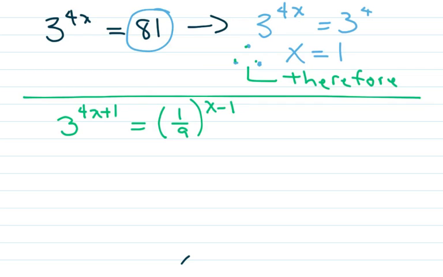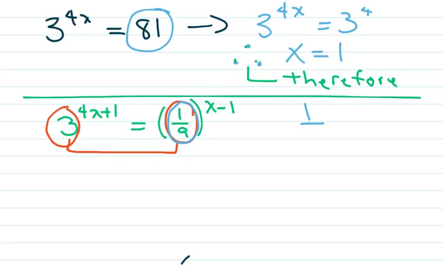So, I can either change this to 1/9, or I can change this to 3. I need to have these the same, and they're not. Preferably, I'm going to change this one.